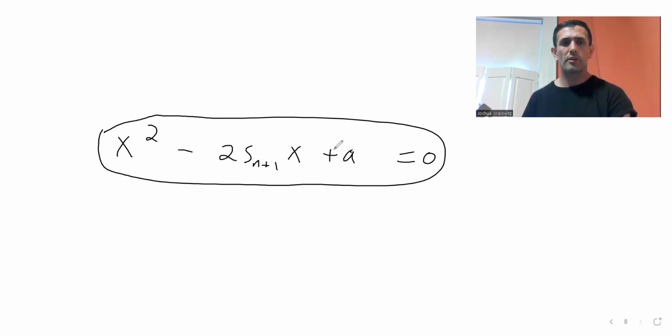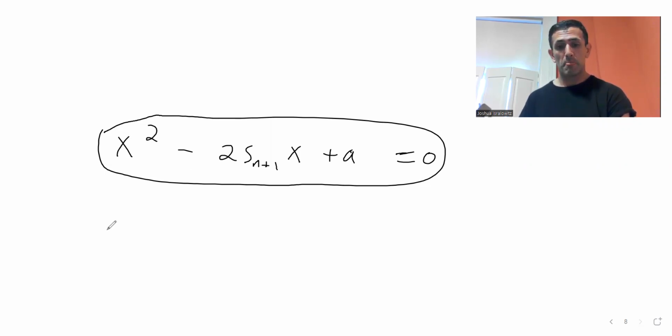So what does this mean? This means that I have a quadratic that has a real root. The first coefficient is 1. The other coefficient is minus 2 Sn plus 1. And the third coefficient is A. So when you do the quadratic formula, you don't have any complex roots.